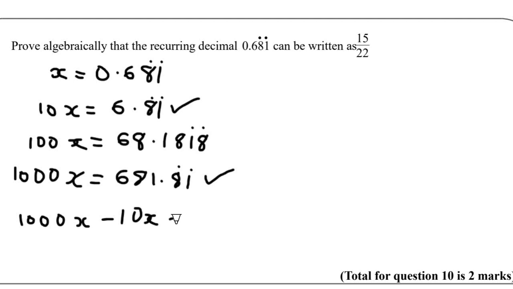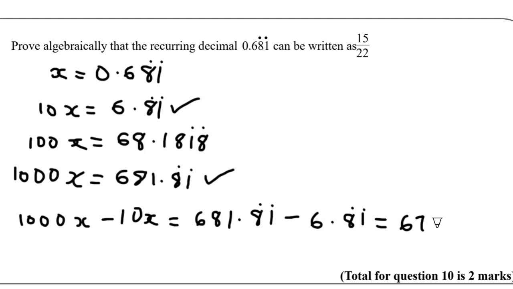So you have to just look out for when the recurring decimals are the same, so that you can subtract and get rid of them. And how much is that? That is going to be 681.81 recurring take away 6.81 recurring, and so that is going to be 675.